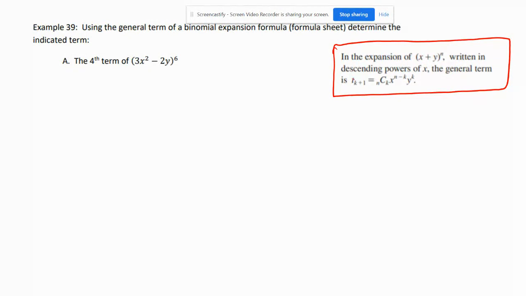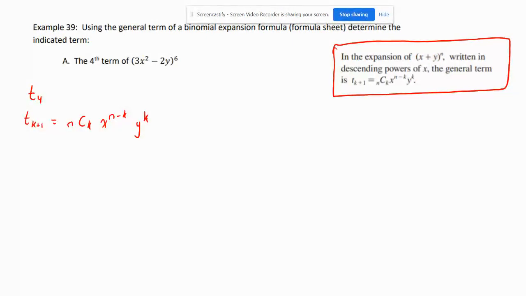The general term is this exponent over here. Okay, so what they're asking us to do here is figure out the fourth term of this guy over here. So that means we have t4. Okay, well, the formula we have is t to the k plus 1 equals n choose k, x to the n minus k, y to the k.